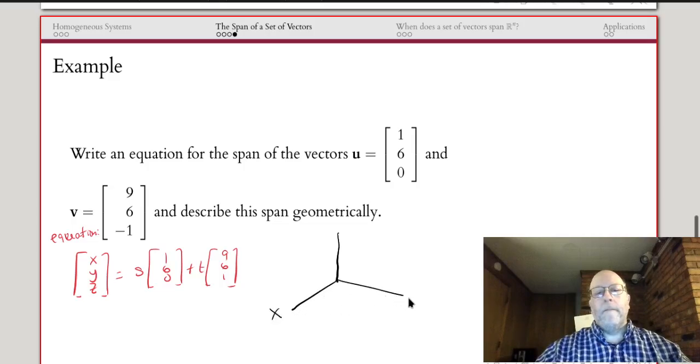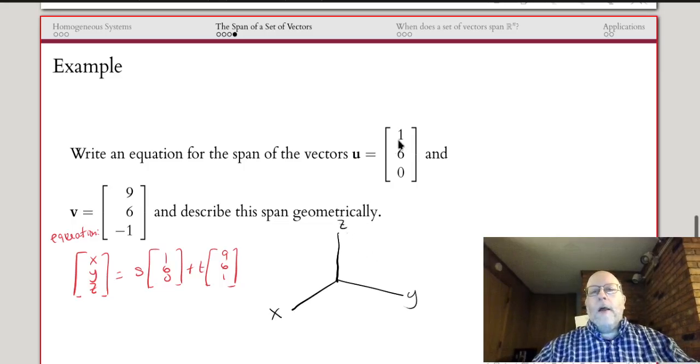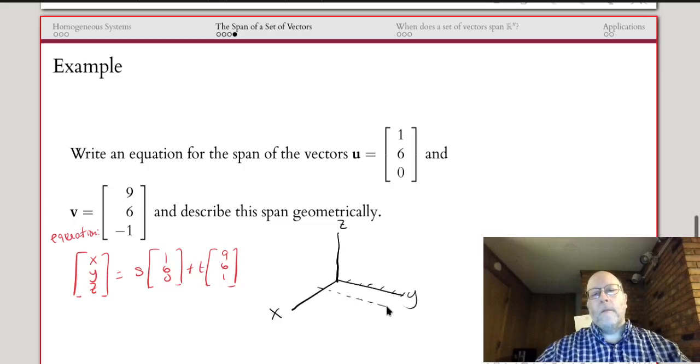Well, let's see, (1, 6, 0) is a vector that travels 1 unit in the x direction and 6 units in the y direction. That's the vector u.